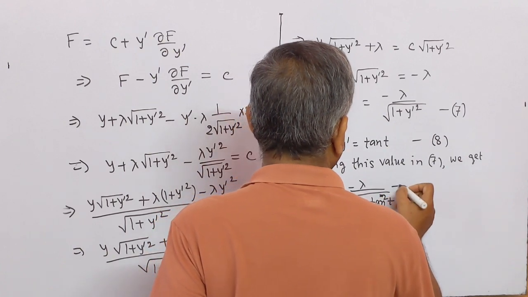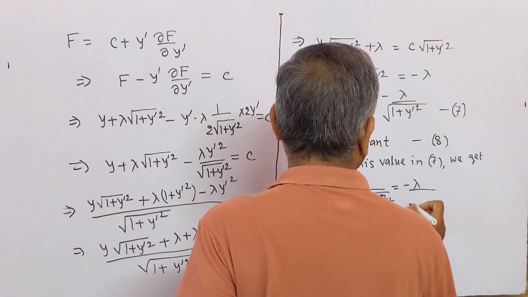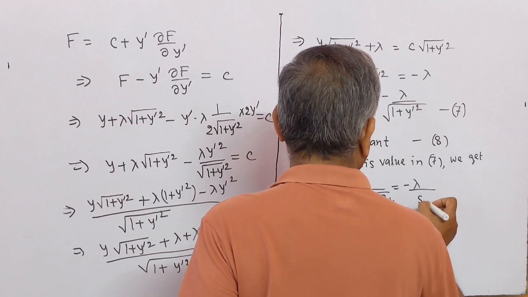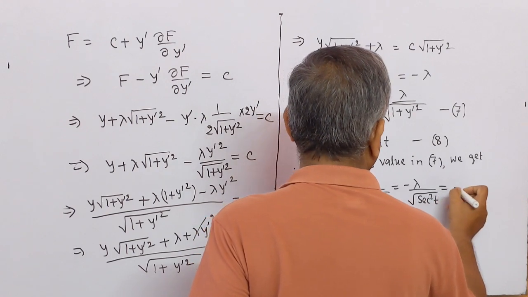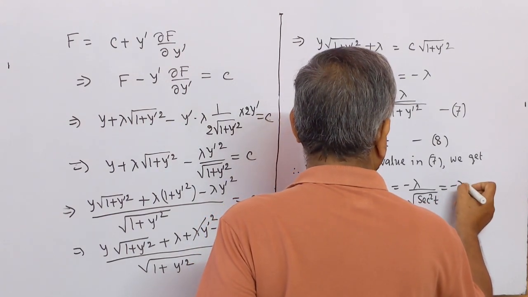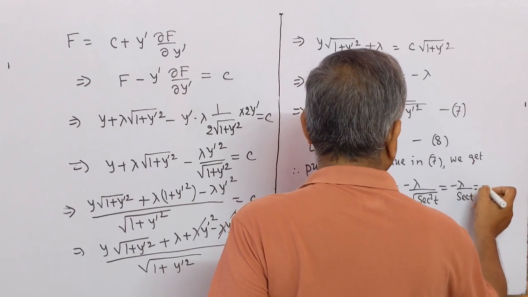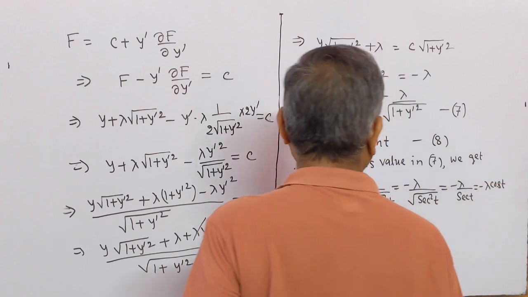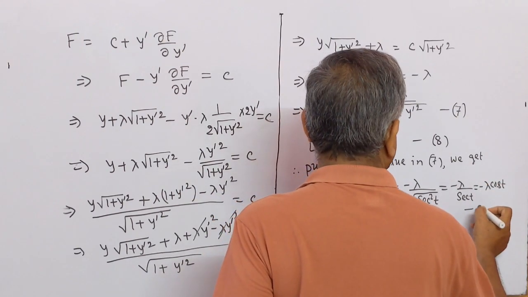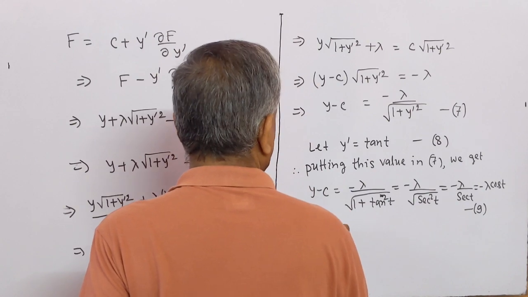This is equal to minus lambda by square root sec square t. This is equal to minus lambda by sec t equal to minus lambda cos t. Let this be number 9.